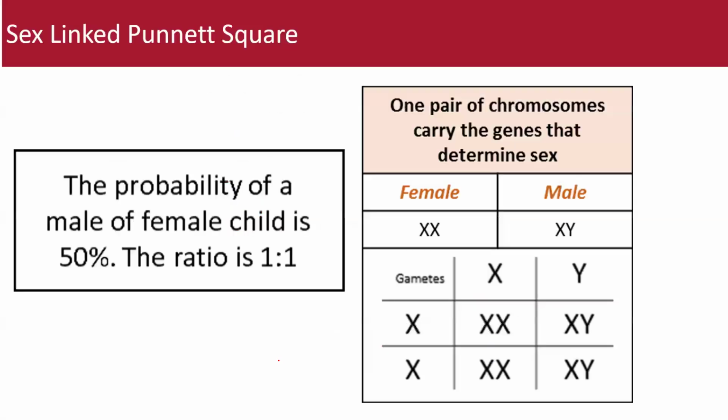Right. Now, there's 3 main Punnett squares that they're going to talk about. The first one is sex-linked, and it's explaining why there is 50% males and 50% females in the world. So women can produce only female eggs, so they can only produce gametes that are XX.